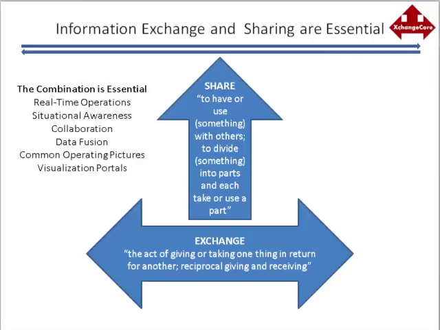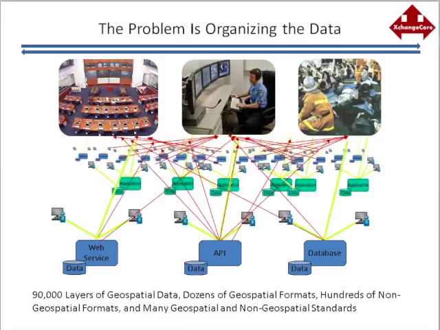But now if we take a look at the next slide, we've got a new element to this. The new element is based on the problem of how I organize all that data. If you listen to people, they say there are 90,000 layers of geospatial data out there. There are dozens of geospatial formats. There are hundreds of non-geospatial formats.